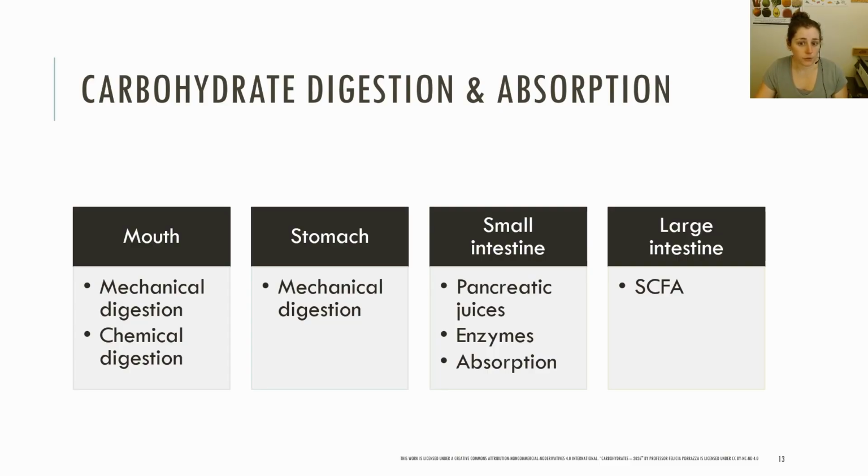These enzymes include sucrase, maltase, and lactase. Sucrase breaks sucrose into glucose and fructose molecules. Maltase breaks the bond between the two glucose units of maltose. And lactase breaks the bond between galactose and glucose in lactose.